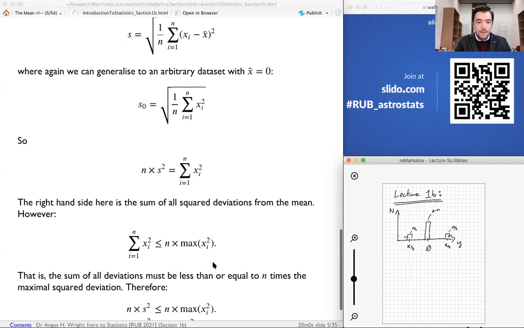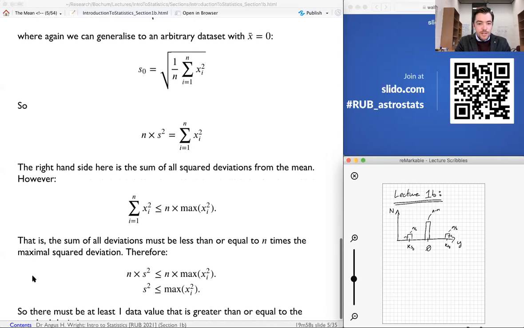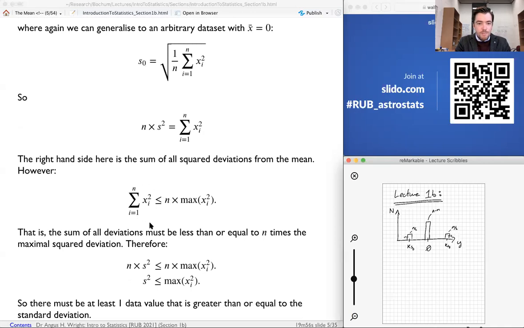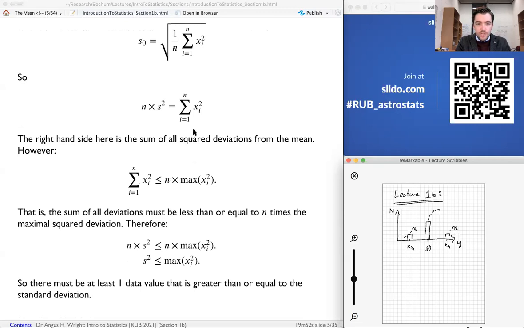Yeah. And what that means is that because the sum of the squared deviations is less than this thing, we can then put this inequality back up here, and we end up with n times s squared is less than or equal to n times the maximal deviation of xi squared, and therefore the standard deviation squared must be less than or equal to the maximum value of the deviation of xi from the mean.